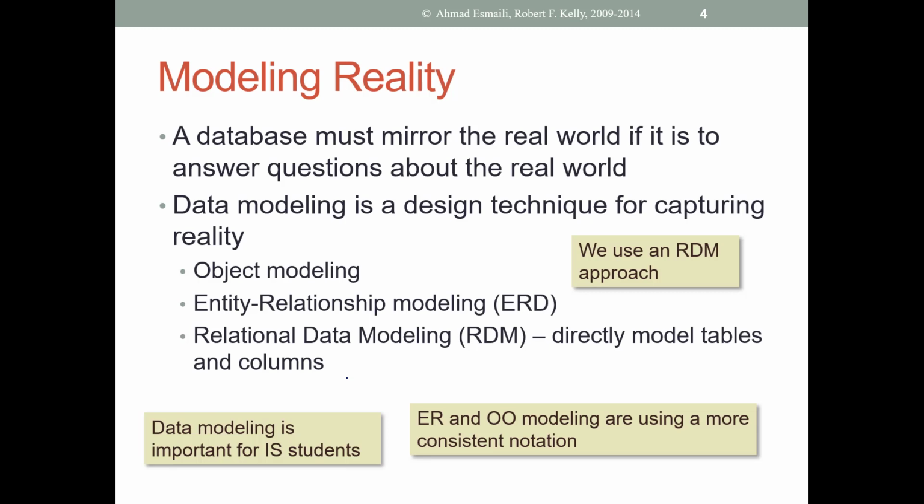Right here, we are more focused on RDM, which stands for Relational Data Modeling diagrams. These are slightly interesting for the reason that when you create a relational data modeling diagram, or the RDM diagram, these diagrams are somehow related with the relational model. When you create it, you can clearly see the tables and the connections between the tables, and you even see the columns in the table. So it's directly modeling the relational model. That's the point. RDM is a design approach which directly models the relational model.